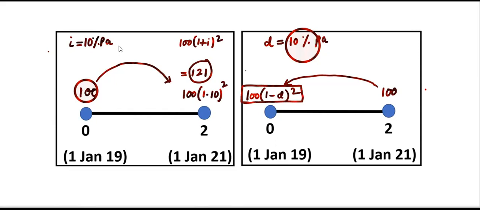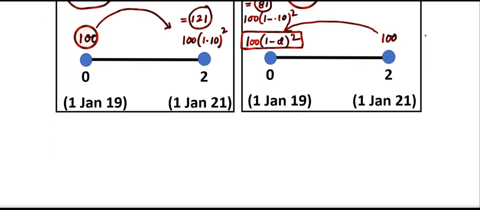We have no other alternative. So let me write 100(1-0.10)^2. And that will be 81. You can check it. So the present value is 81, the discounted value. That means you must have deposited 81 if you are expecting to get 100 after 2 years with a discount rate of 10%. So when we go forward, we use i. When we go backward, we use d.